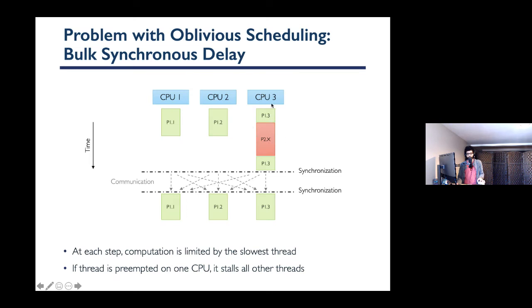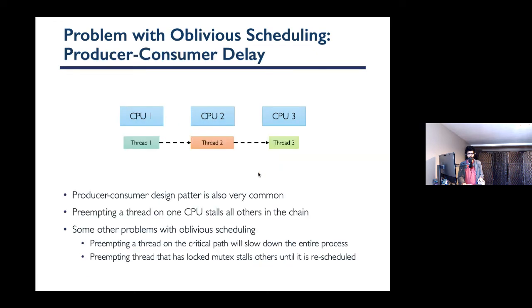If I'm CPU 3 and I look at my threads locally and I don't know the dependencies, I might make this decision. But because all the other ones depend on the result of P1.3, this decision basically slows down every single CPU in my system, because now they also have to wait for this synchronization to happen. So this is one example of what this oblivious scheduling could cost us.